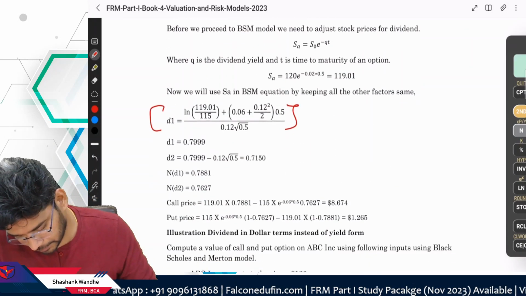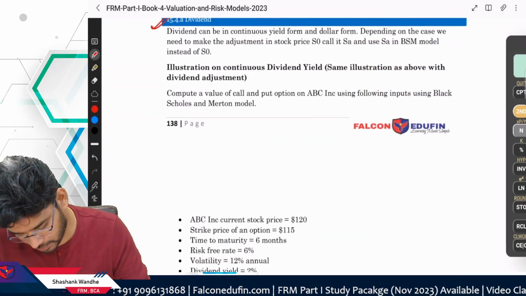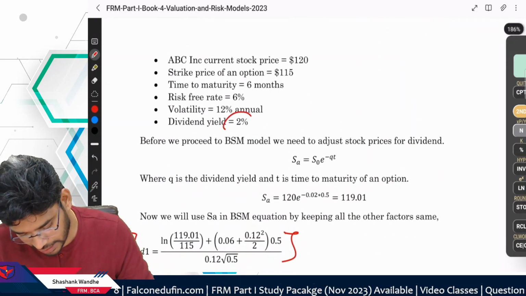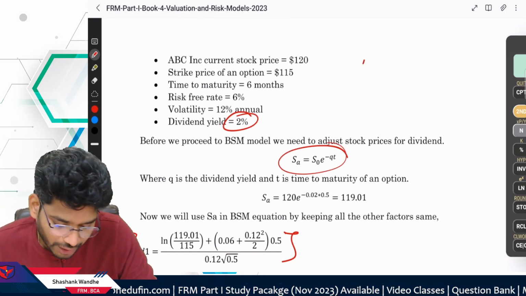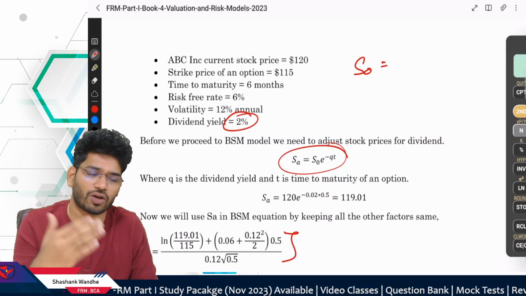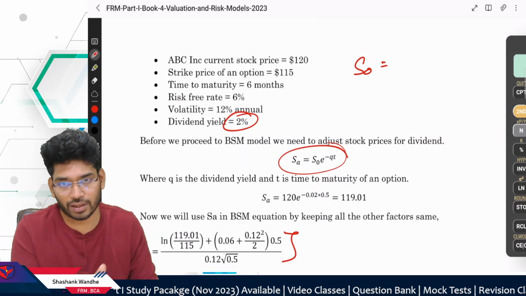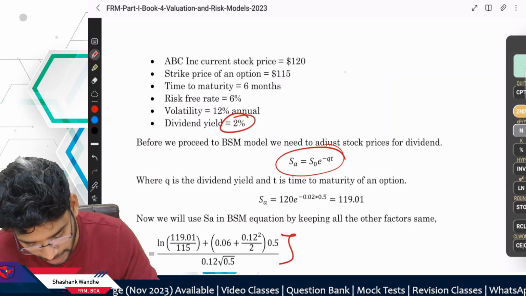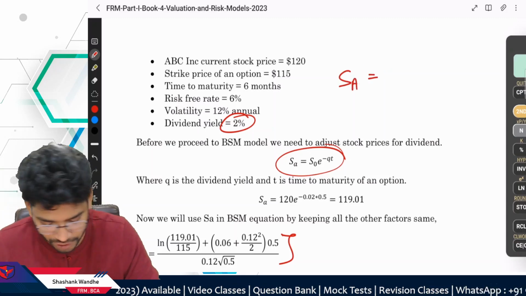Remember, dividend is always adjusted in the underlying price. So the only change you are going to see in the complete BSM setup for dividends is in S0. S0 will be adjusted for dividend, and we will call this SA, after adjustment.